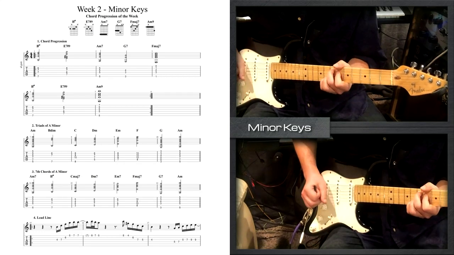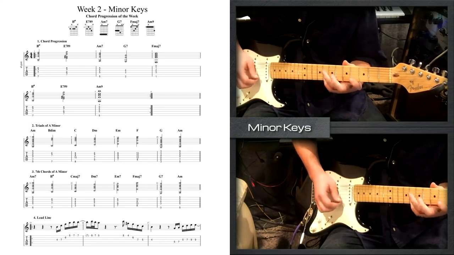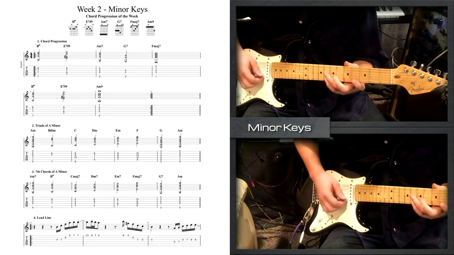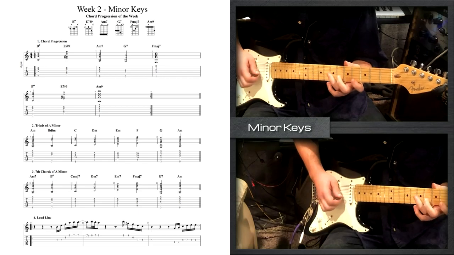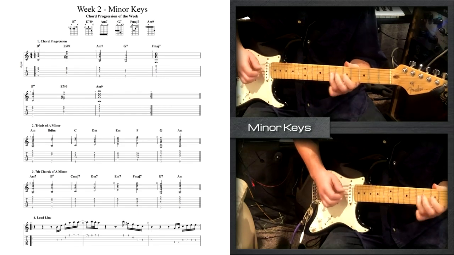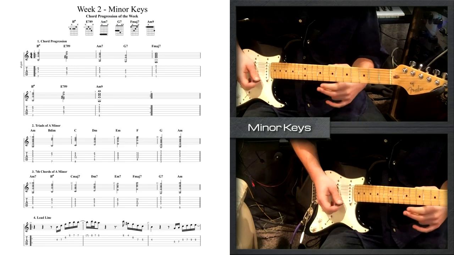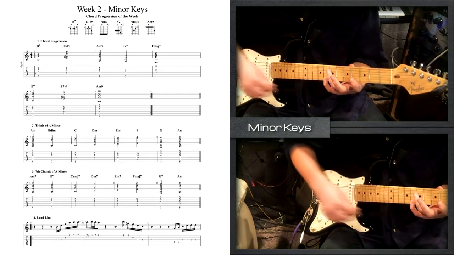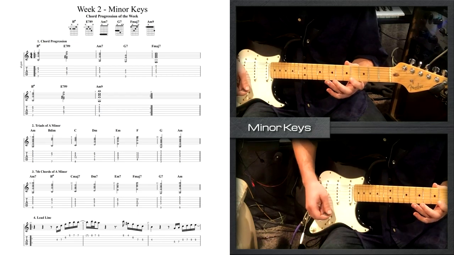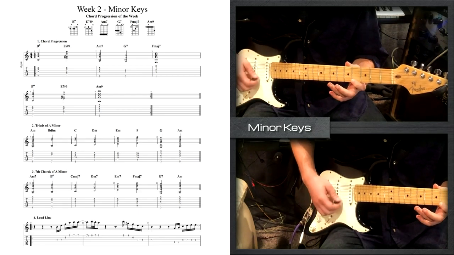Then I have my 5 chord. And I'm playing this kind of funky. So what I'm doing here is using my pinky here on the 8th fret of the high E string, using my first finger here on the 4th fret of the high E string.